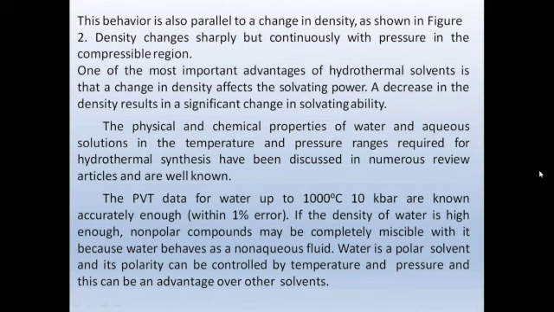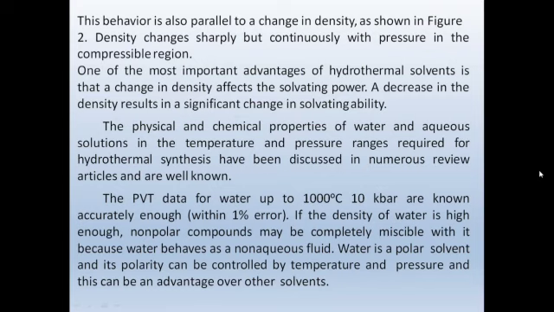The PVT data for water up to 1000 degrees Celsius temperature and 10 kilobar pressure are known accurately enough, within 1% error. If the density of water is high enough, non-polar compounds may be completely miscible with it because water behaves as a non-aqueous fluid.